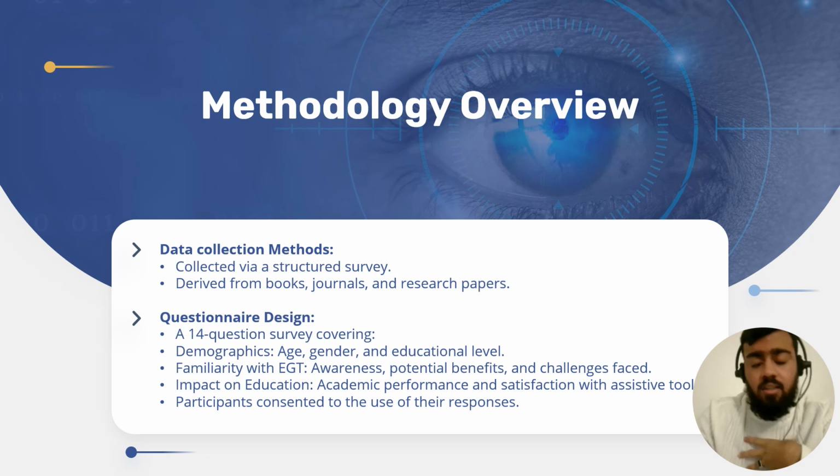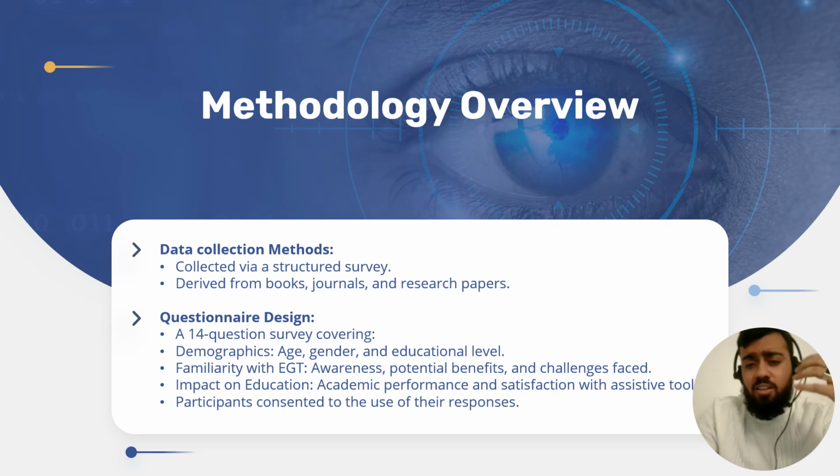What we did in our research paper is just two steps. The first step was to gather data using a survey, and also to research papers working in this area. We did a survey with 14 questions.